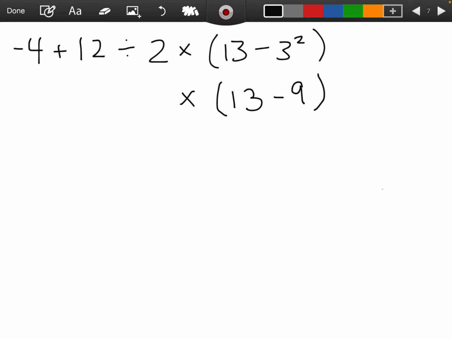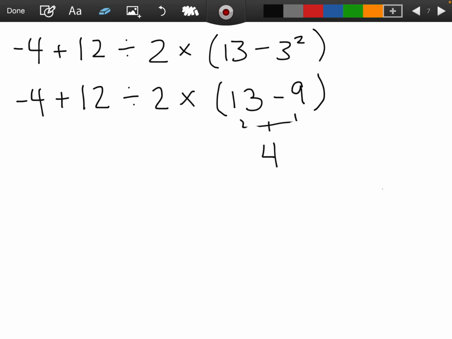Okay, bring down the rest of the problem so we don't get confused. All right, so this is our new problem. Now we can solve what's inside the parentheses. 13 minus 9 simplifies to 4. And you could put the parentheses if you want, but it's not really necessary because it's not a group of numbers.